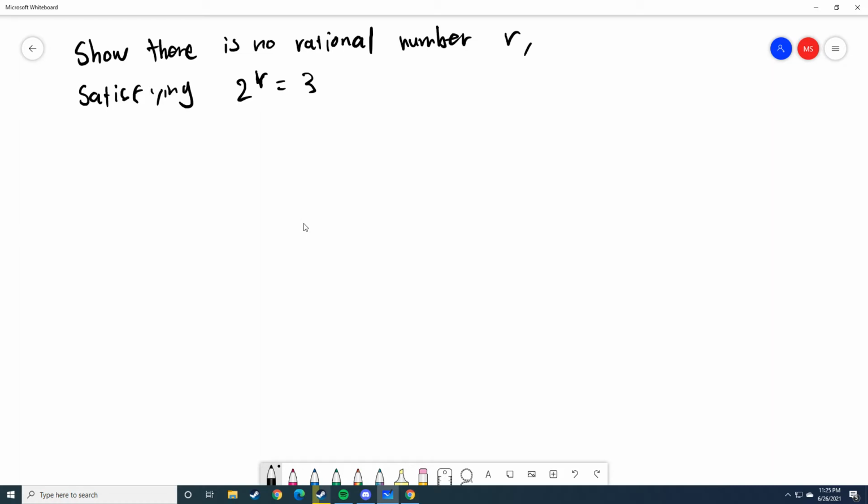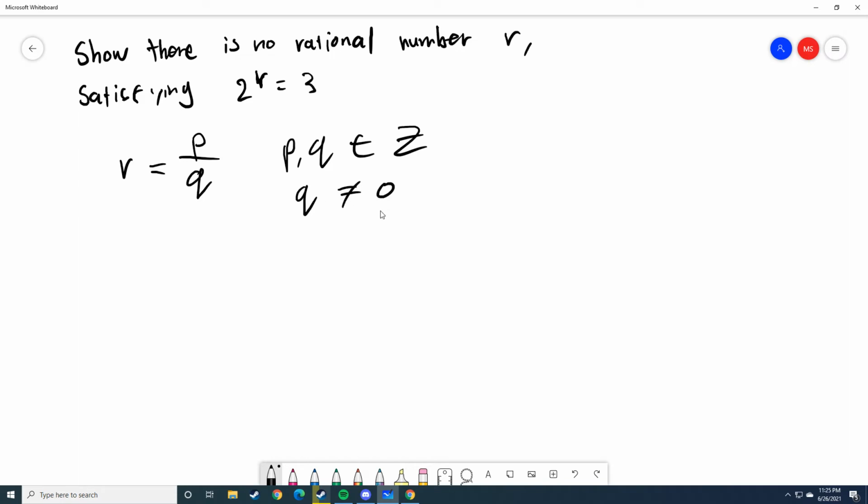So really quickly, it's going to be useful to remind ourselves of the definition of a rational number. We know that r must be equal to some integer p over another integer q. So p and q are both integers, and q cannot be equal to 0 because we cannot divide by 0.